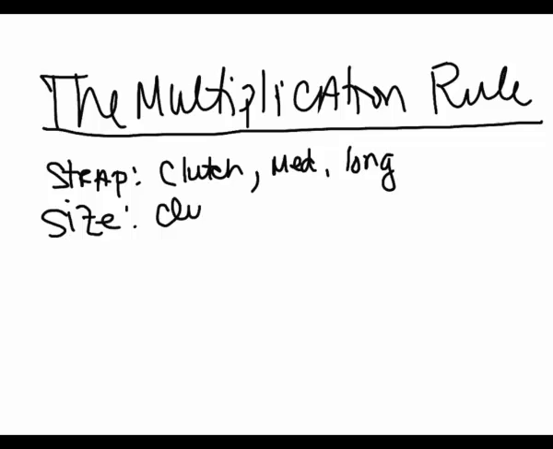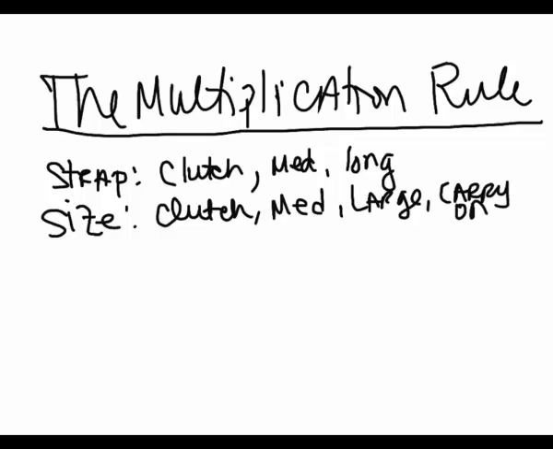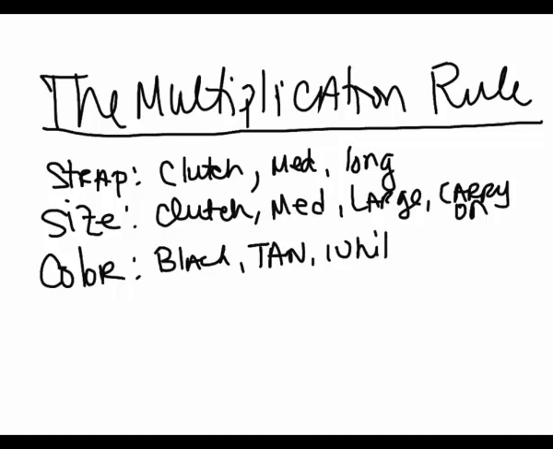A clutch bag is pretty small, then you have medium bags, a large bag, or what I have, kind of a carry-on purse, where my laptop fits in my purse. You also want to consider the color. Usually black, tan, and white are the base colors for purses, and then they splash some purple or other colors in there.